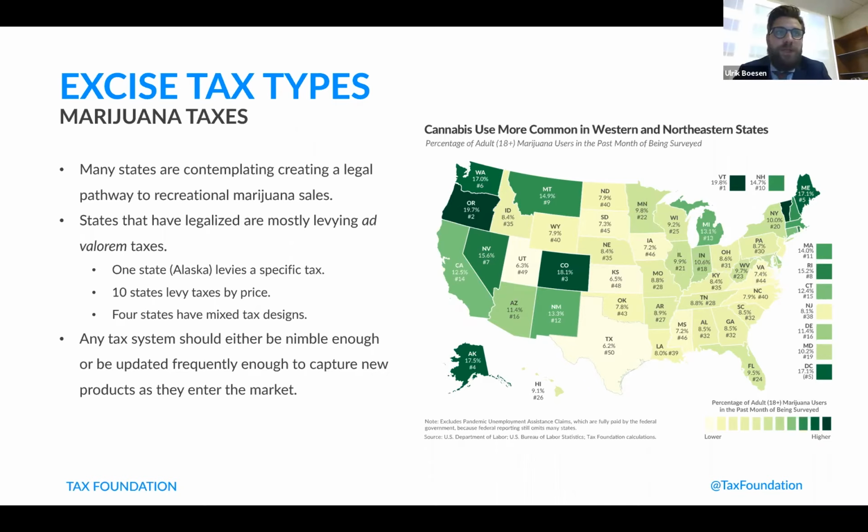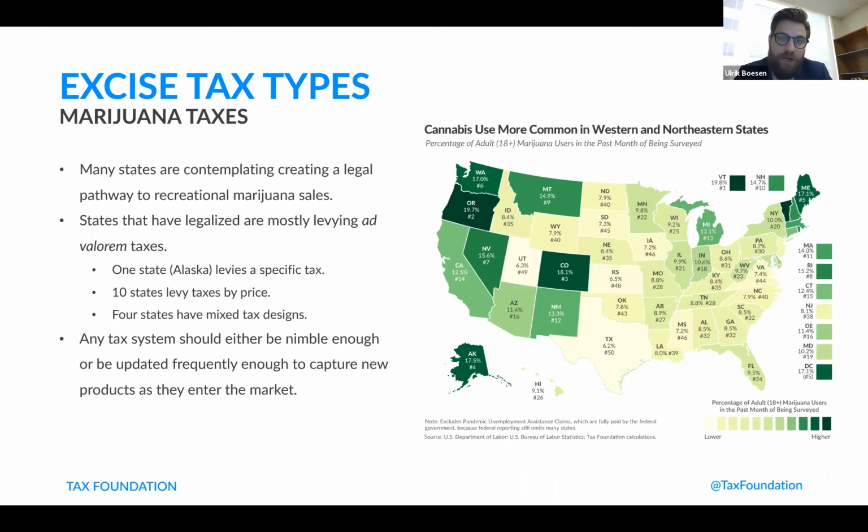The next principle is that taxes should be designed to offer stable revenue in the short term, regardless of potential price declines. Cannabis is an interesting case because the second you legalize, you're going to have very little supply and likely pretty high demand. That's going to result in really high prices.